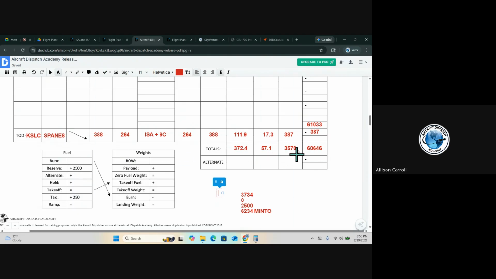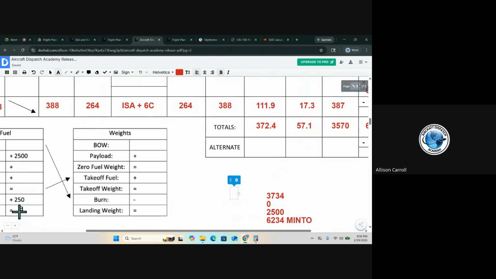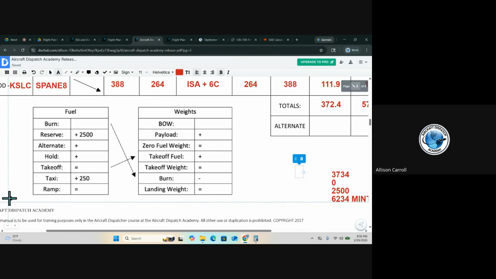So this fuel burn, this 3570, I'll zoom into these smaller boxes over here just because they are tiny. We're going to put in our actual numbers over here. Okay, so 3570 for our burn. Our reserve is always the same. We didn't have an alternate, right? We don't have any extra hold fuel or contingency fuel.